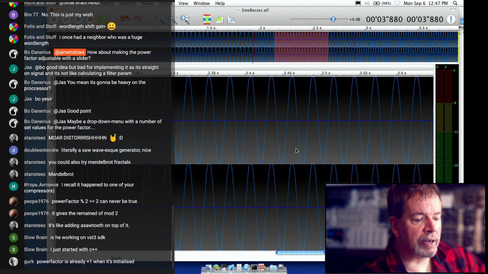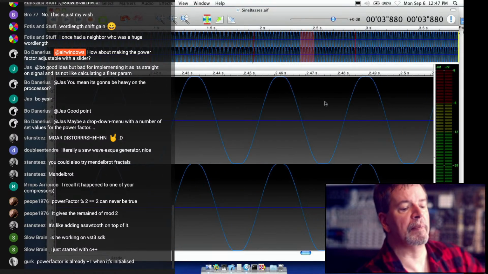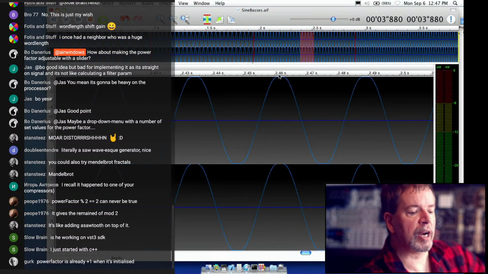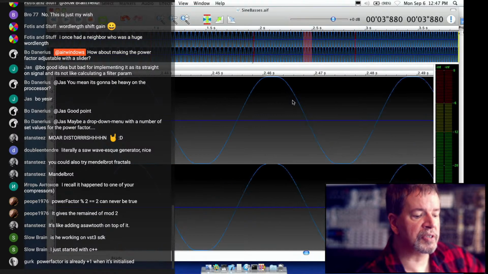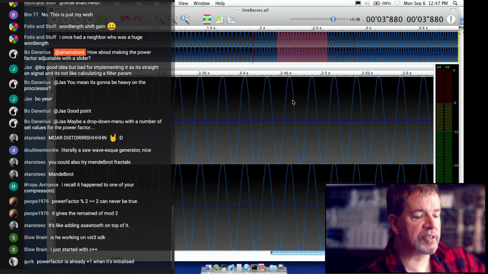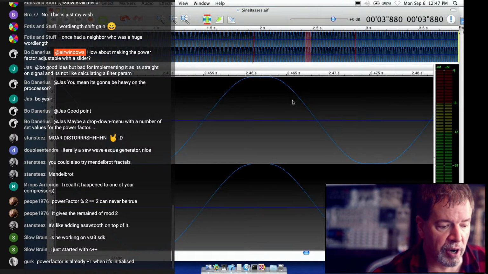If we apply it, we can see that it is making a flat top of an incredibly tiny space. And it makes basically no difference to the sine wave. The sine wave is still very much a sine wave here, but it's a hard clip.